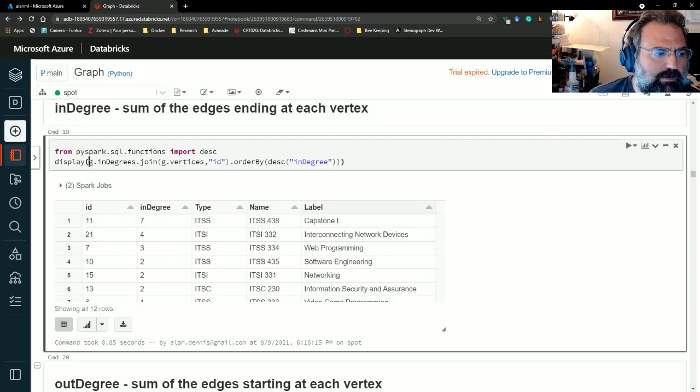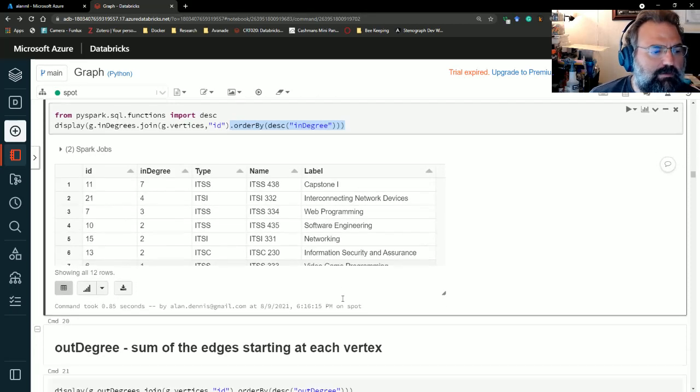We're basically saying, for the graph, give me back the in degrees, and so that I can read it better, join that information to the vertice name so we can actually see what the vertices are, and then order it by the descending amount of the in degree that we just calculated. And that's what this shows you: capstone 1 has the highest number of things pointing at it, followed by, in this case, interconnected network devices as secondary.